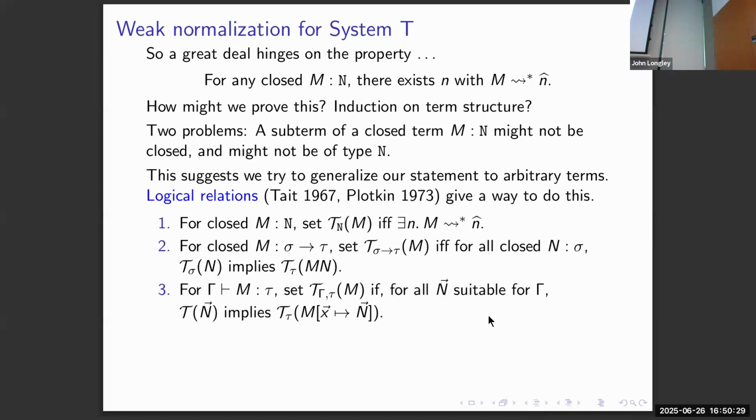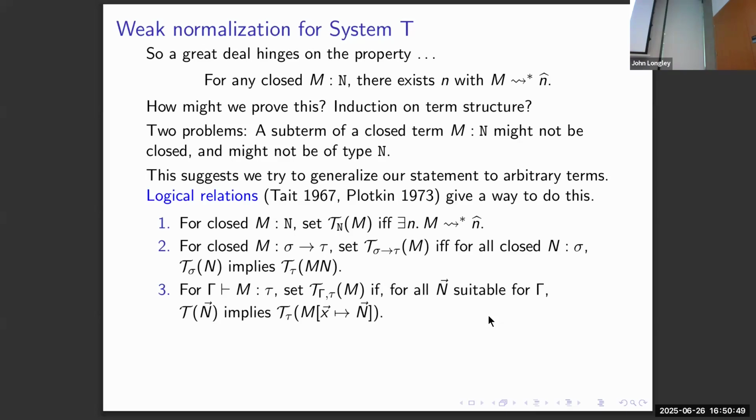Okay, so the idea is that for each type, we introduce a predicate, or a unary relation, curly T, for terms of that type. At ground type, we just say curly T of M says that M has the property we're interested in: it evaluates to a numeral.